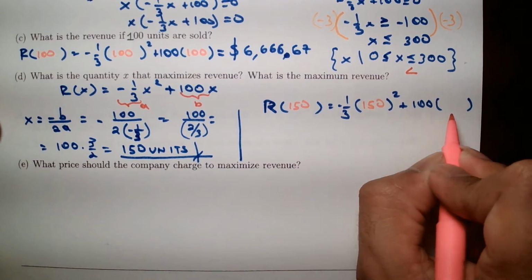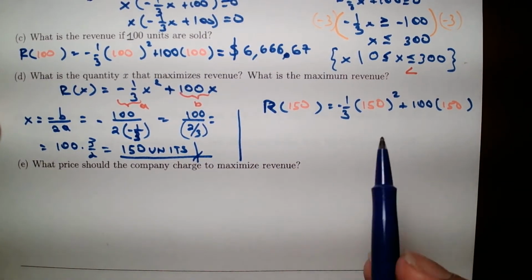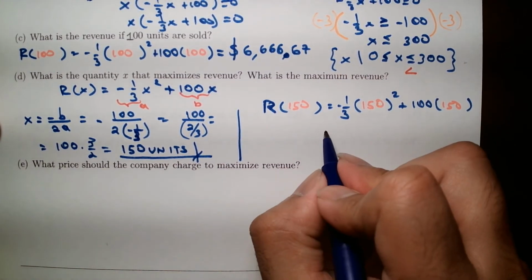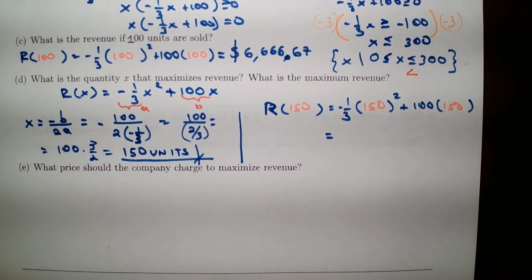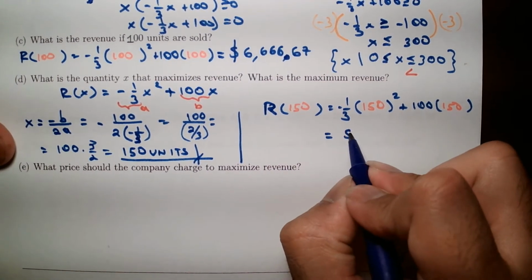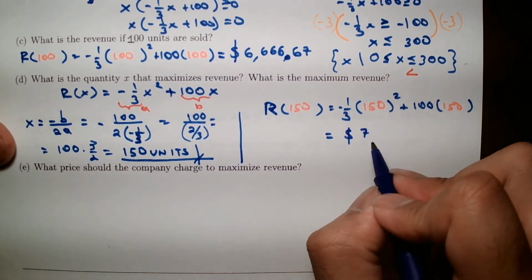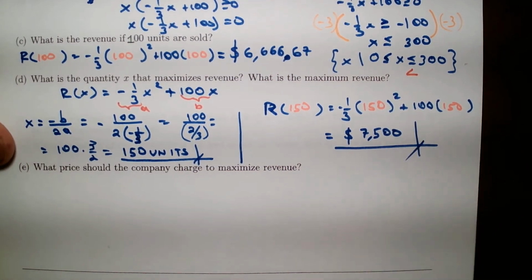Okay, 150 squared, times 150. So what do we need to do? Well, let's just put all this in the calculator. If you want to pause the video to verify that, in this case we should obtain 7,500 actually. Even in this case. All right.